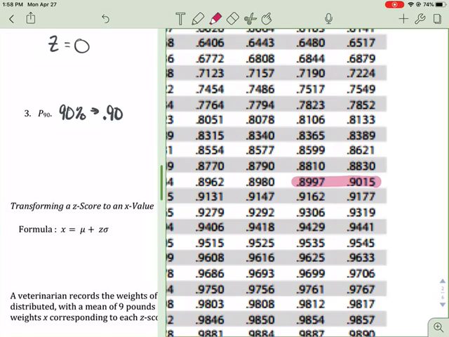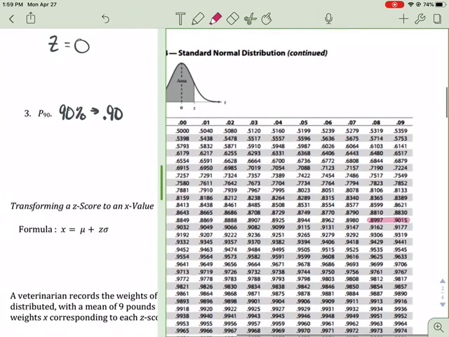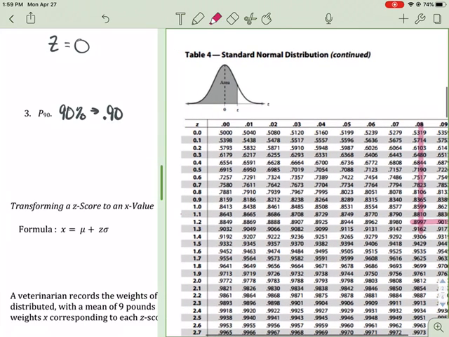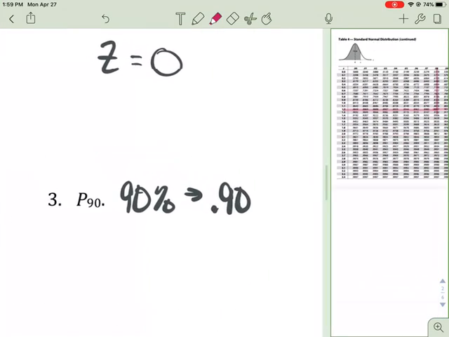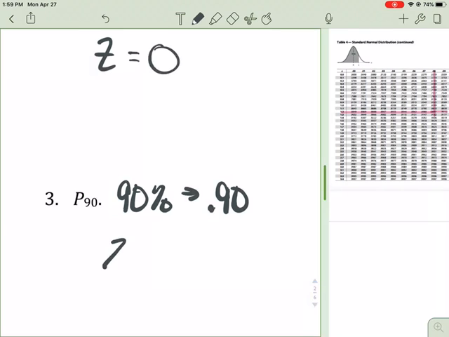It's not exactly in our table. It's between 0.8997 and 0.9015. I'm going to choose 0.8997, mainly because that number is closer to 0.9 than 0.9015. All right, so that puts me at 1.28. So that's going to be the z I'm going to use.